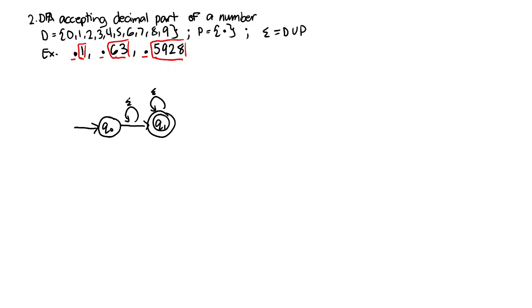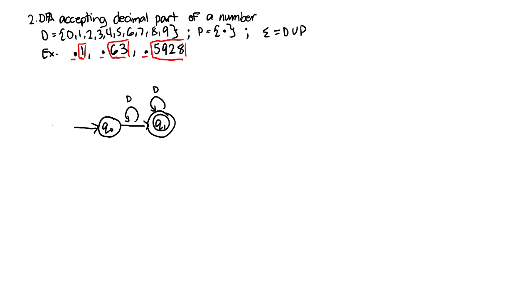So, we change sigma to D, because these are just numbers. After that, we will make another state to signify the dot.